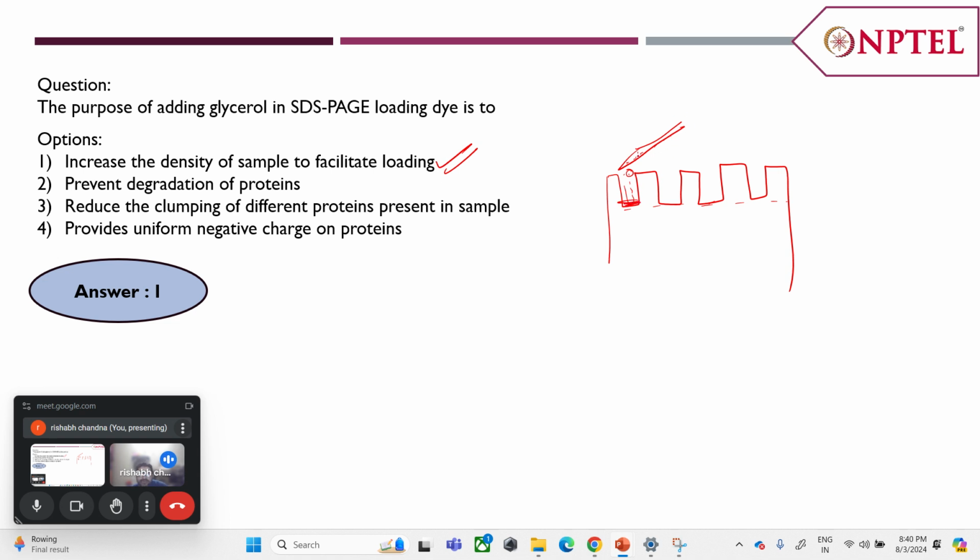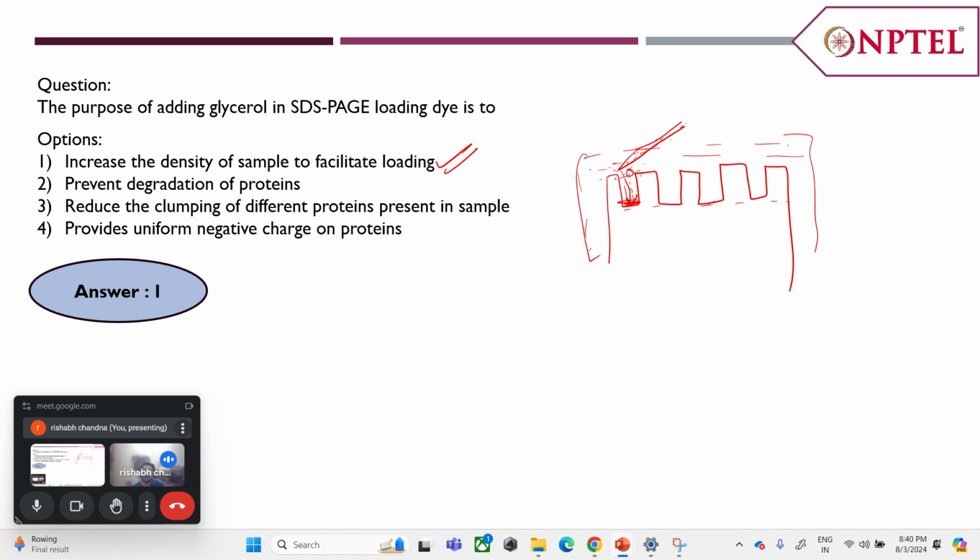If we do not have that density, then, because the buffer is here and we need buffer for loading into the gel, and if we did not have glycerol or any other substance with high density, the sample would flow out and move into the buffer rather than going into the well. So this is why we add glycerol, to increase the density of the sample.